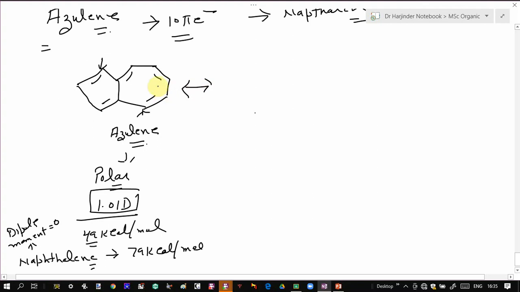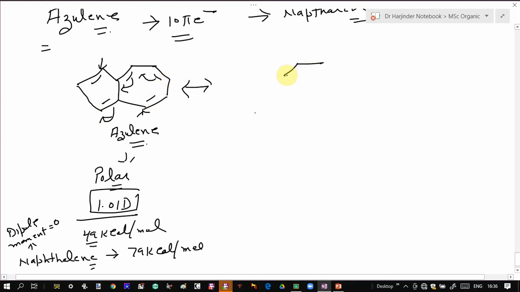Now, if you try to draw its resonance structures, suppose I move this double bond over this position, this double bond over this position, and so I have to move this double bond over this position. I can't move it over here, because that will lead to two double bonds at consecutive positions. So I have to move the negative charge over here, and similarly this double bond remains at its position and the positive charge will come over this position.